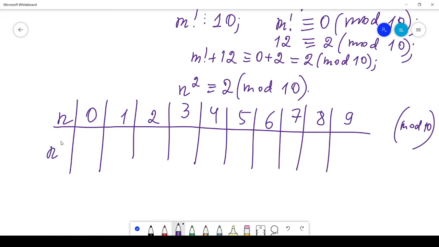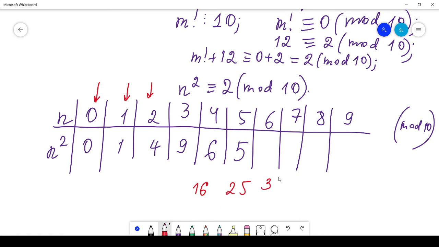So then for n squared, how do you find the remainder? Well, we just have to square all these numbers. 0 squared is just 0. 1 squared is just 1. 2 squared is 4, and 3 squared is 9. But 4 squared is 16, and 16 is the same as 6 modulo 10. 5 squared is 25, which is congruent to 5 mod 10, and we keep going.